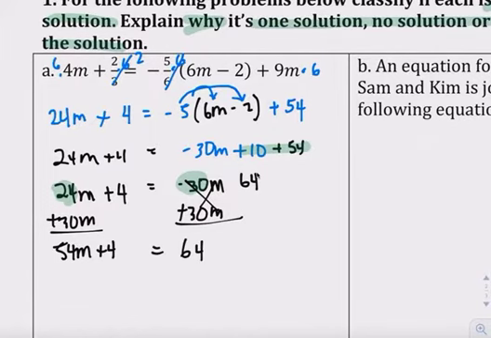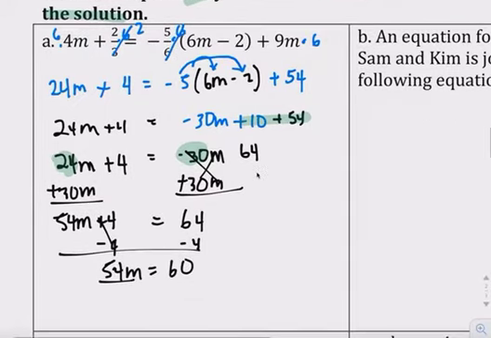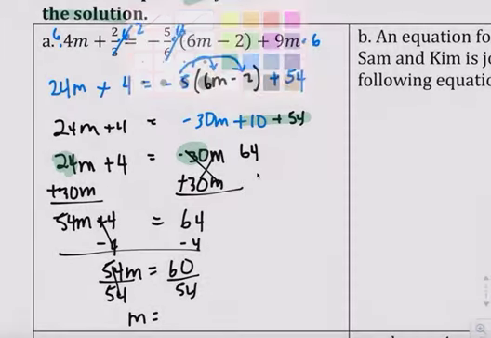Did I make any careless mistake? -4, minus 4. 54m equals 60. Divide by 54. M equals, reduce that. You can leave it improper if you want to, but it needs to be reduced. Reduced by, let's say 2. Well, we know for sure 3.